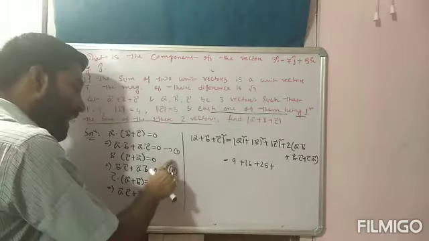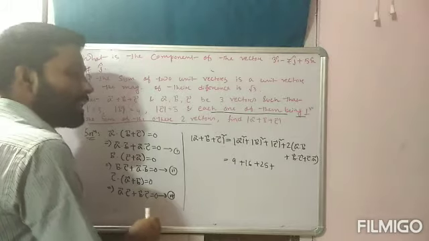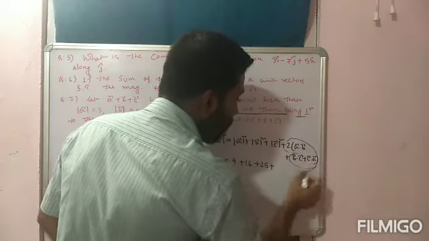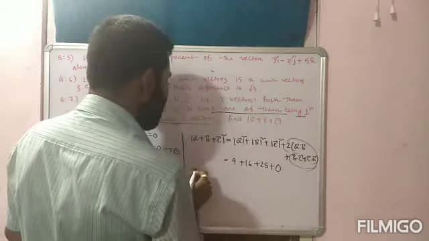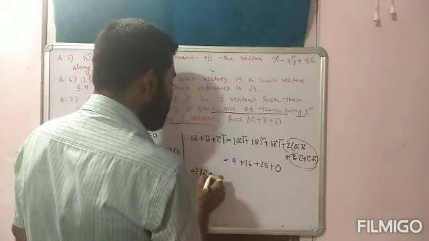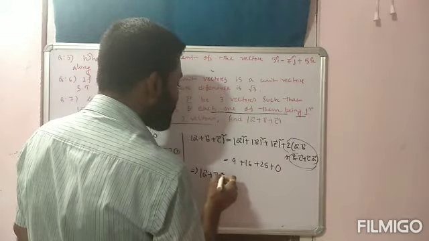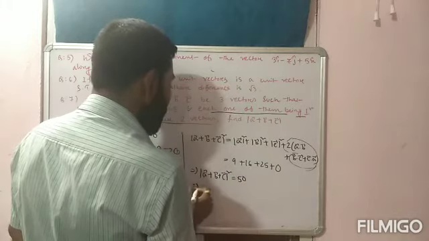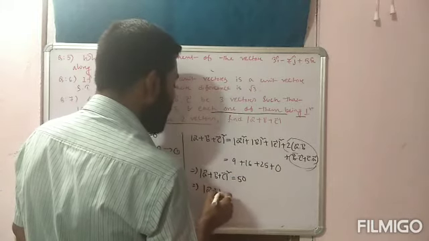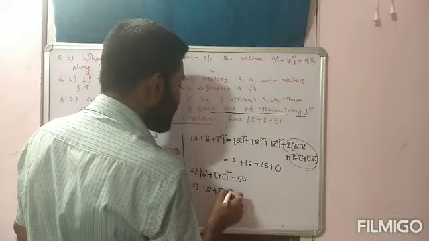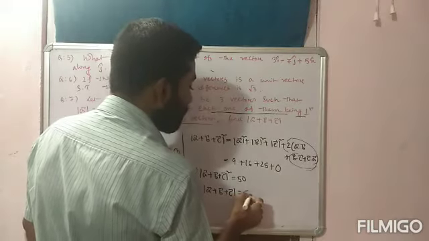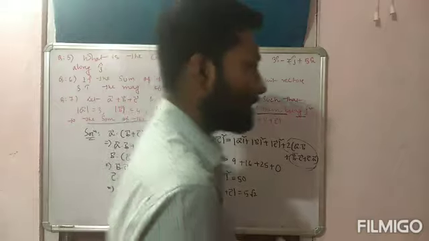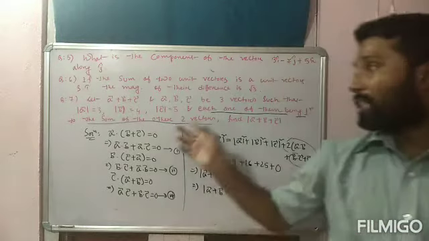If we add these three equations, the answer will be 0. That means this part will be 0. Therefore, mod of a bar plus b bar plus c bar whole square is equal to 50, or mod of a bar plus b bar plus c bar is equal to 5 root 2. Okay, so this is the solution of question number 7.